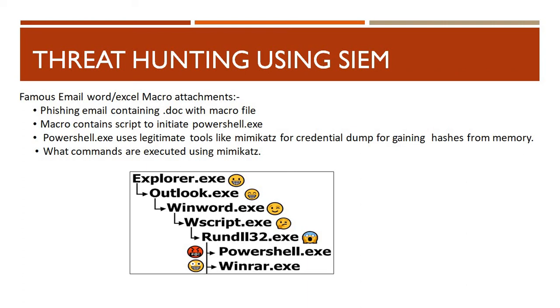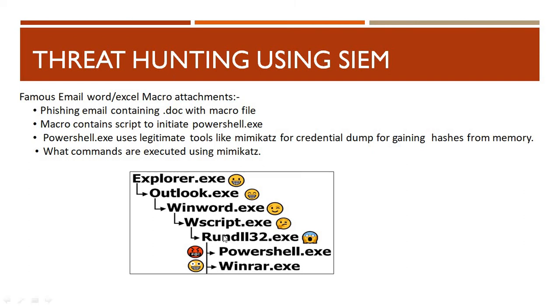So how can you hunt for such scenarios? In this scenario, maybe the aim of the attacker was to execute Mimikatz commands to get credential dumps from your system. So this is a post-exploitation way of looking at the environment.